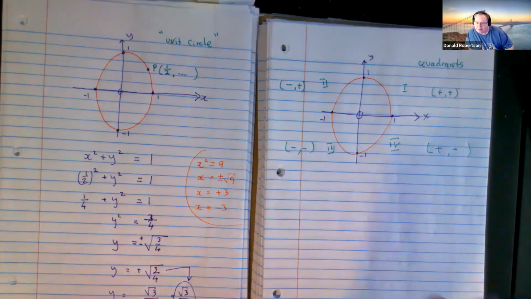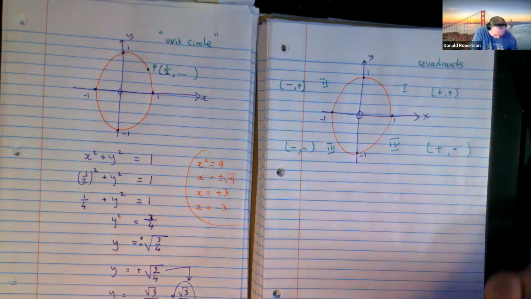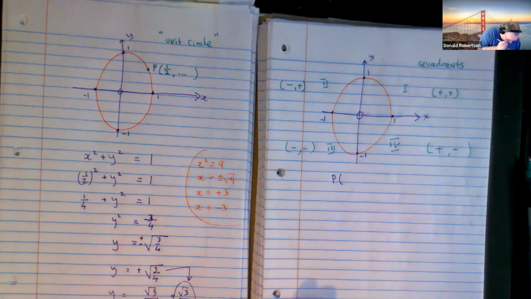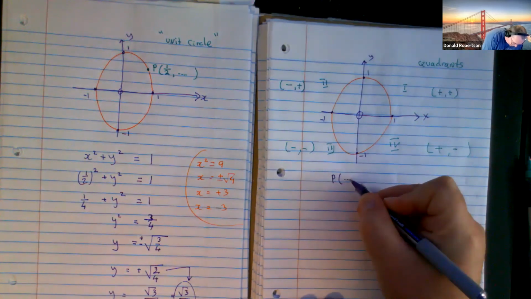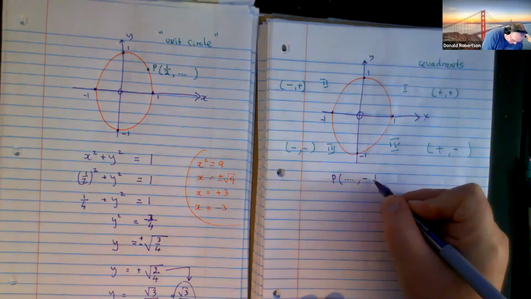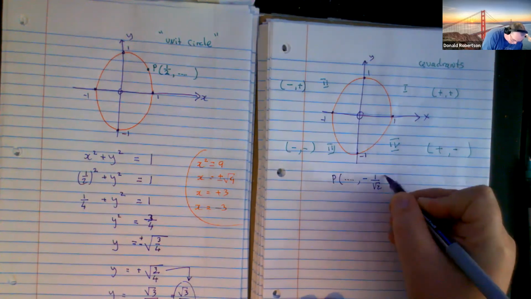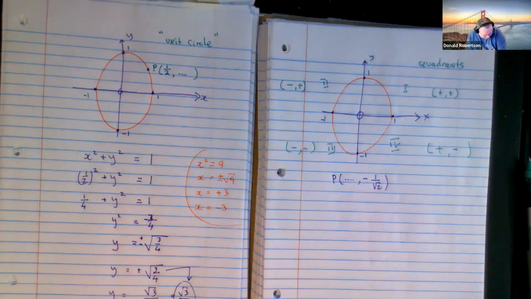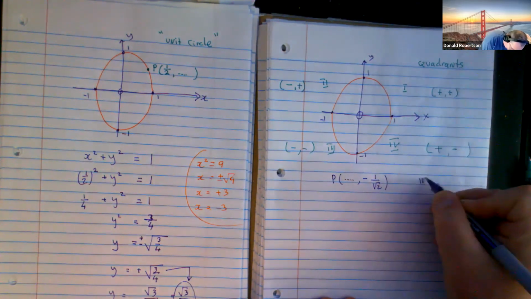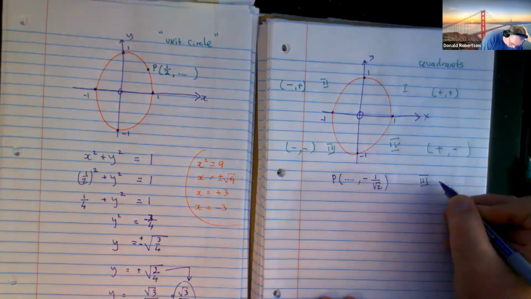Now, that's going to be used in some of the questions. So imagine I give you a point and I tell you that its Y coordinate is negative 1 over root 2. And I tell you that it's in the third quadrant.